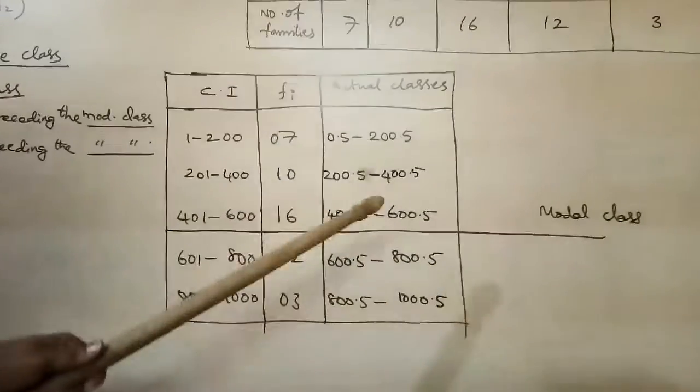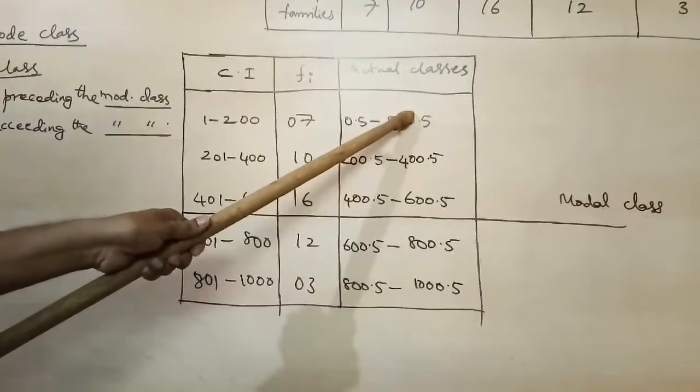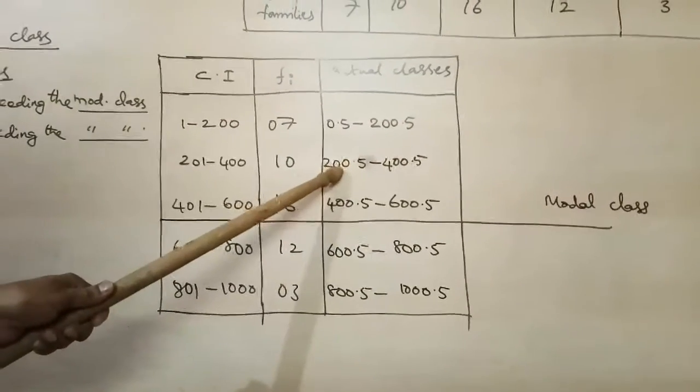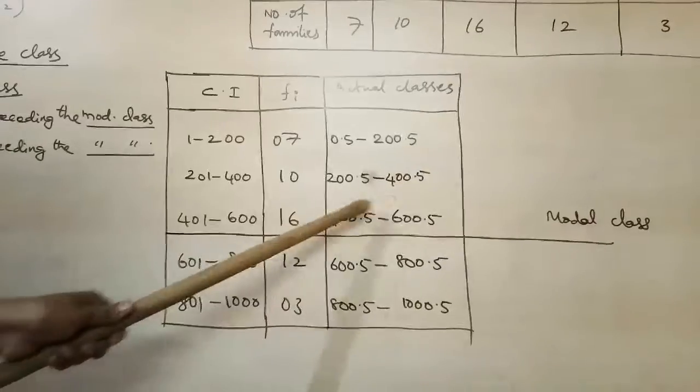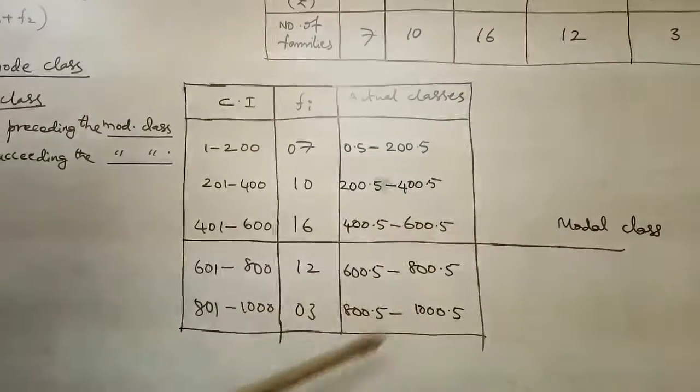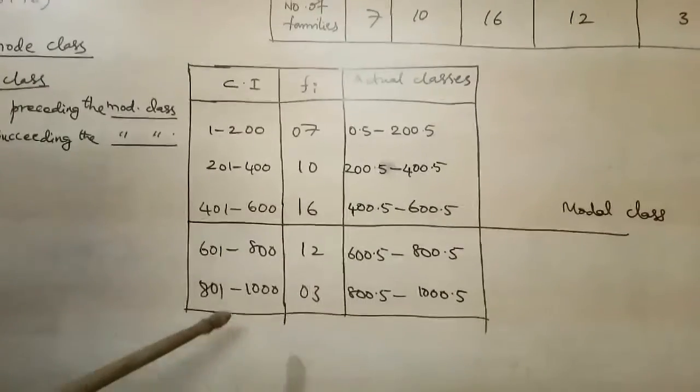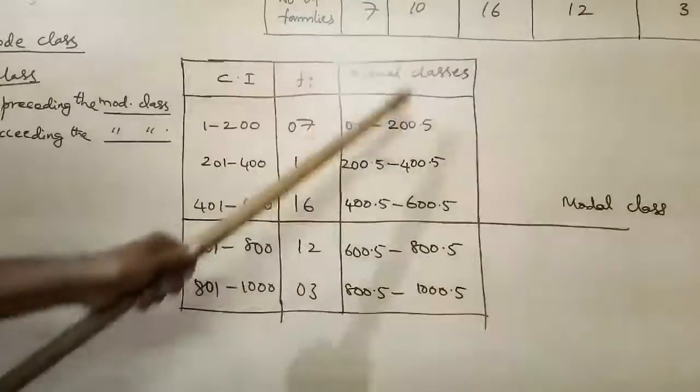Now observe that the upper bound is equal to the lower bound of the next class. These are equal, these are equal, these are equal. Therefore, these discontinuous classes are made continuous classes.